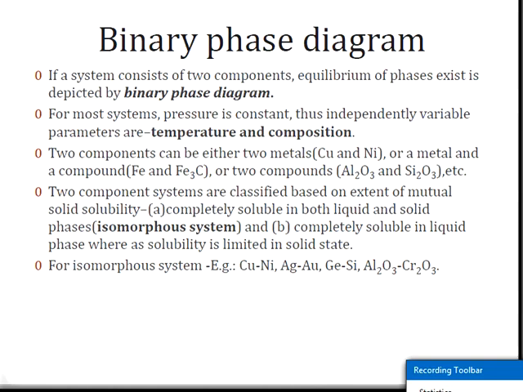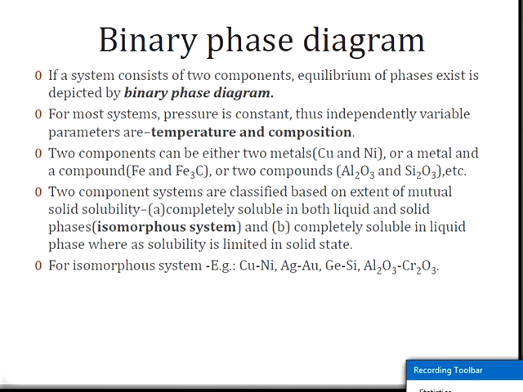If the system consists of only two components, the equilibrium phases are depicted as a binary phase diagram. For most systems, the pressure is kept constant, probably at 1 atmospheric pressure. Thus, the independent variables will be the temperature and composition. Since there are two components, we can have composition as one variable along the x direction and temperature as another variable along the y direction.